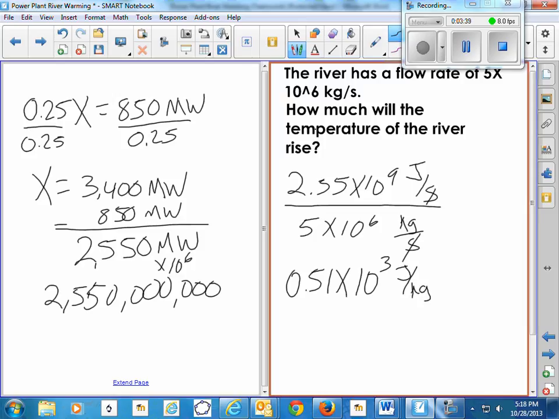which is 510 joules per kilogram of water. Well, it takes 4,000 joules to heat 1 kilogram of water 1 degree, so we know it's going to be less than 1 degree.